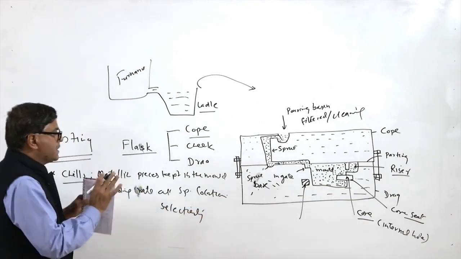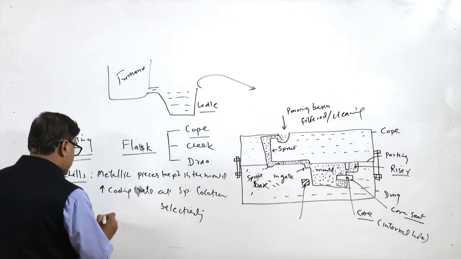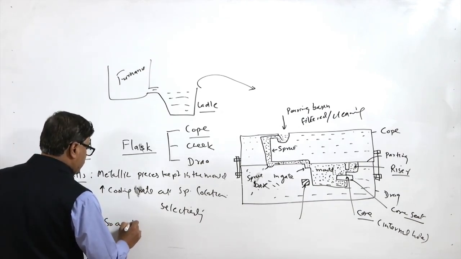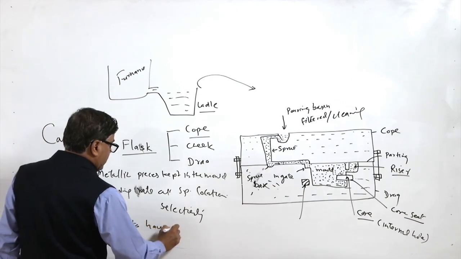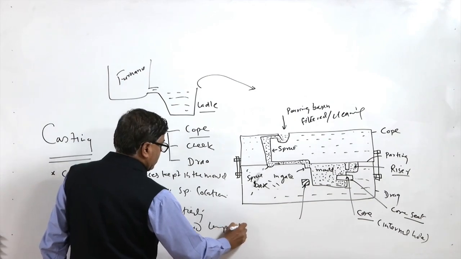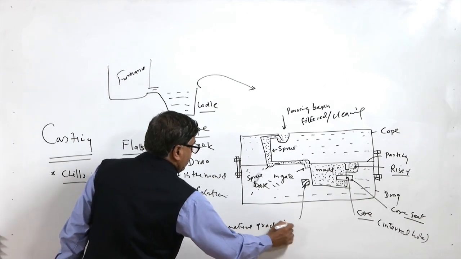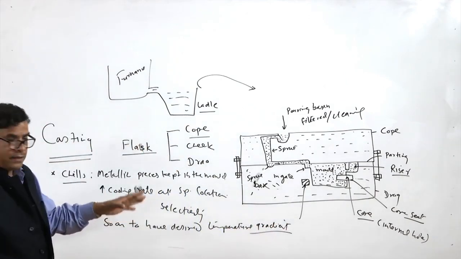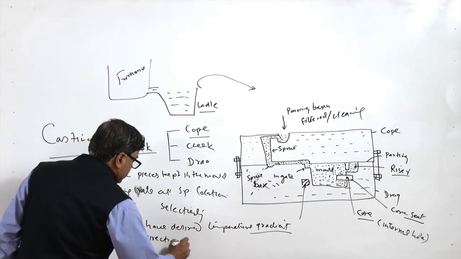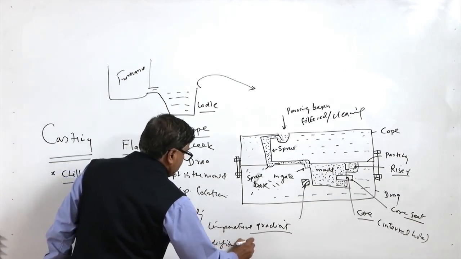So, the purpose of this is to have the cooling rate increased selectively at a specific location, so as to have the desired temperature gradient. And the purpose of having the desired temperature gradient is to ensure that directional solidification is achieved.